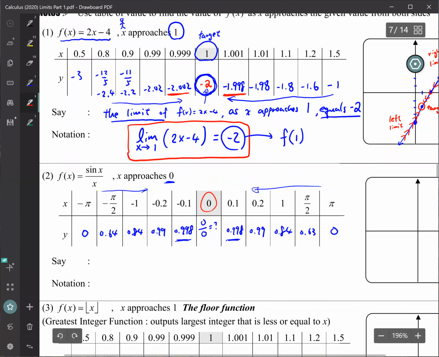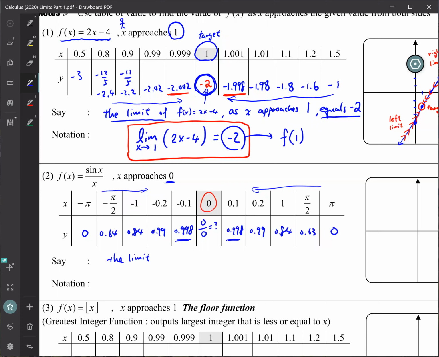So let's write it here. The limit, okay? I'll let you finish the sentence first by yourself, following the same way as we wrote it.